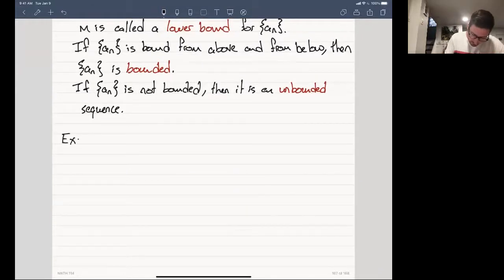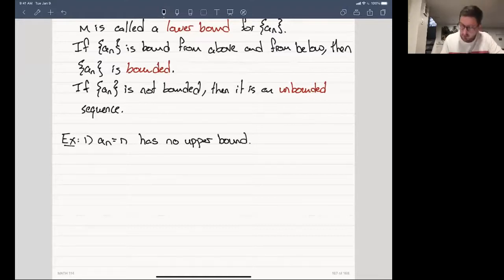Example: the first one, a_n equal to, say, n. This thing has no upper bound. Why? Well, if you told me there's an upper bound, I can always just find an integer n that's bigger than that.